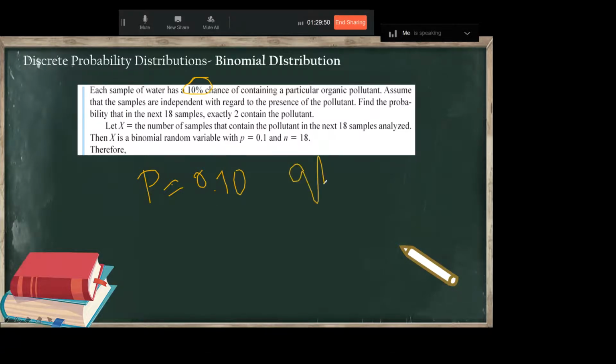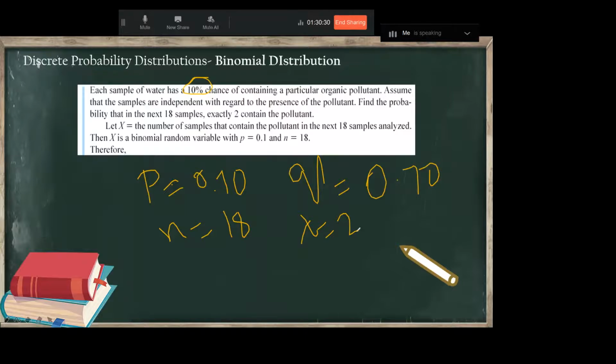What is q? 0.90, right? Assume that the samples are independent. We know that in binomial the trials are independent of each other with regard to presence of the pollutant. Find the probability that in the next 18 samples, so n is 18, exactly 2 contain the pollutant. X is 2, or r is 2, because X is the number of samples that contain the pollutant. This is given, so we already know these things.